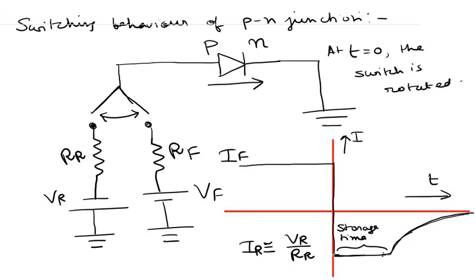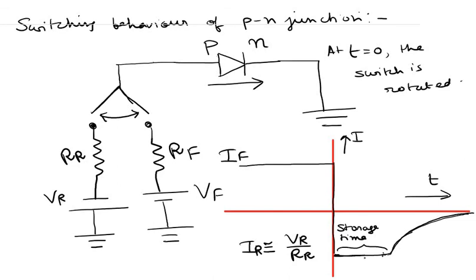So this time over which the reverse bias current is almost constant and large is called the storage time, and during the storage time there is excess minority carrier concentration just outside the depletion region.